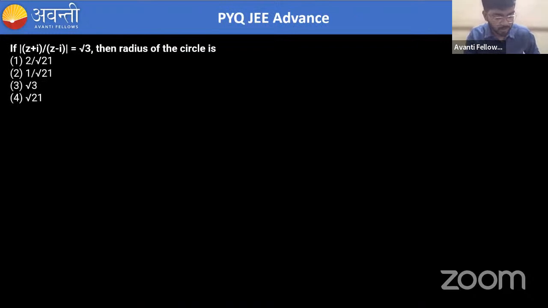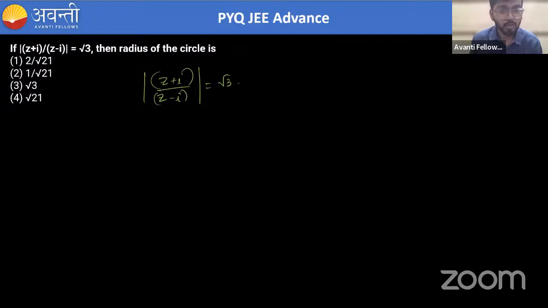Now, in this question, you guys can see that it has been given to us that mod of z plus i upon z minus i is equal to root 3.